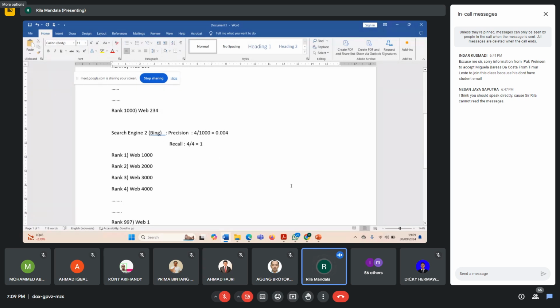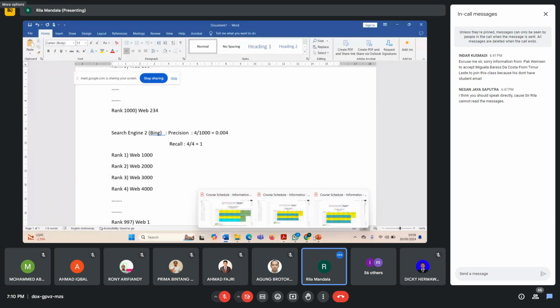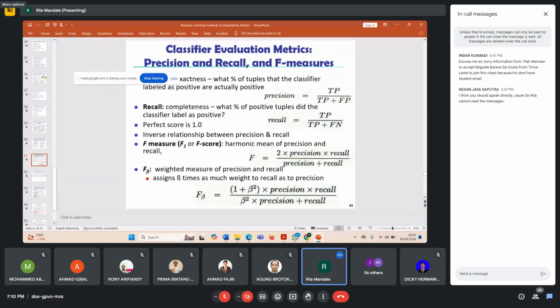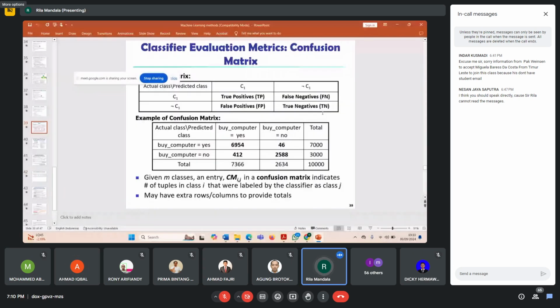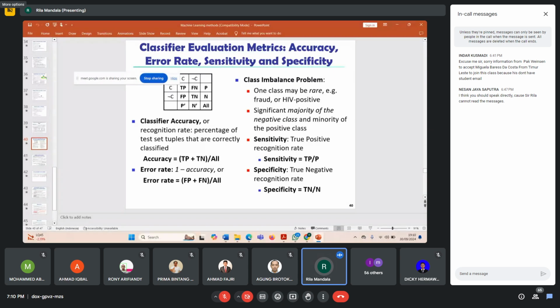Recall, yes. Recall is true positive divided by true positive plus false negative, right? What is the meaning of false negative?